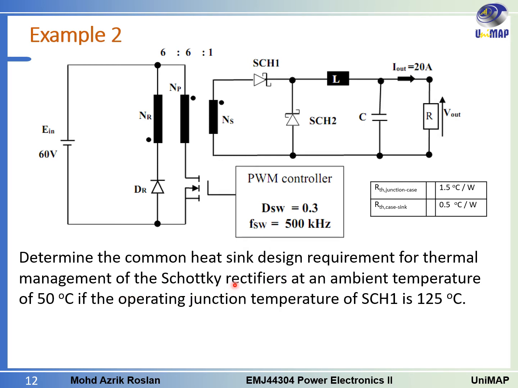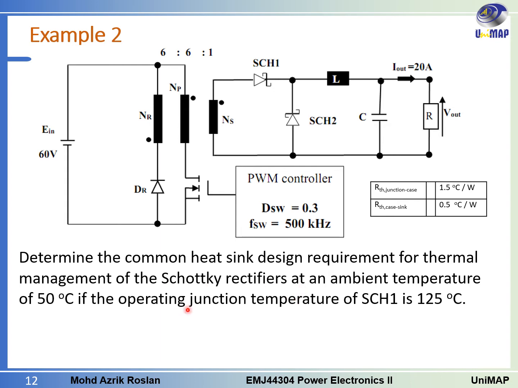In this example, we have the ambient temperature of 50 degrees C. In this question, it already gives you the junction temperature. In the previous one, example 1, you had to determine your own junction temperature. You had to set which junction temperature you want your Schottky 1 to operate at.